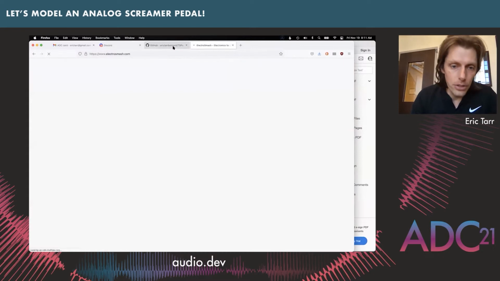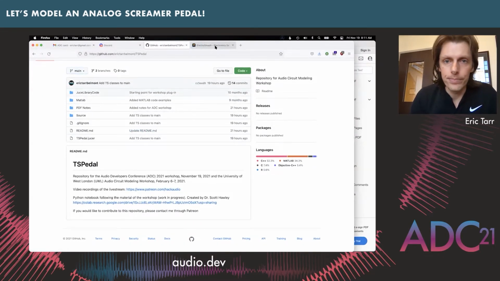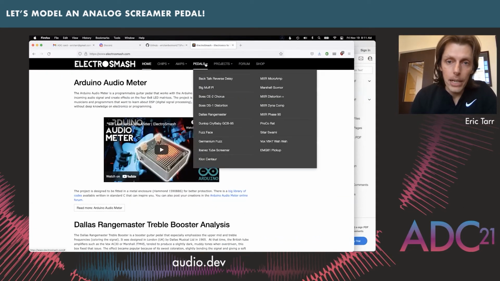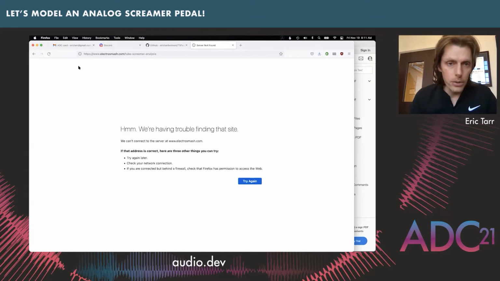I think I have the link to that down here. No, it's not in the repository. Sorry about that. So we want to go to Electrosmash, pull up the pedals tab, and find the Ibanez Tube Screamer one right here. There are lots of other ones on here that you could check out after the workshop and try your hand at working on.